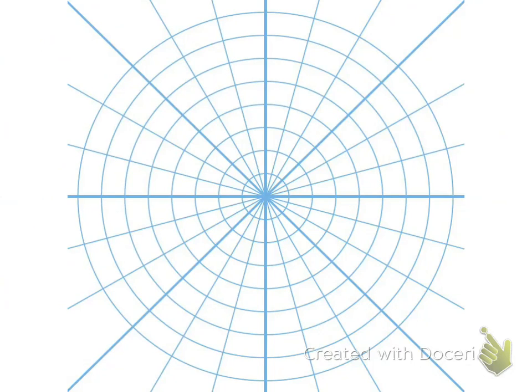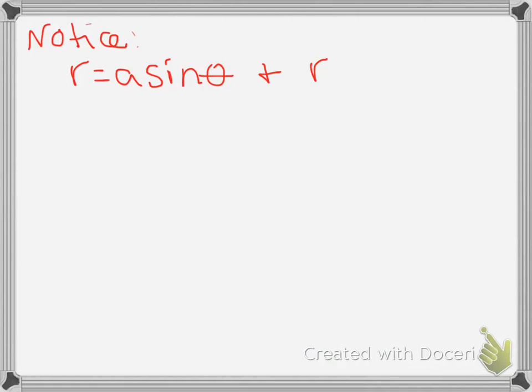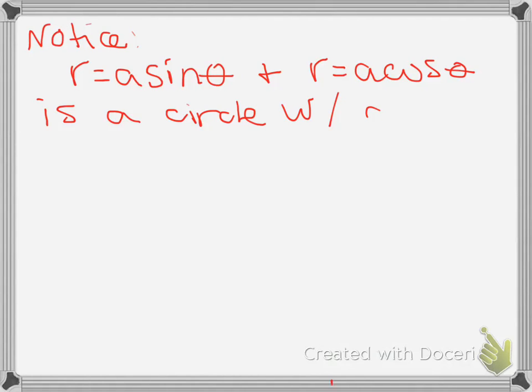And what you should be thinking, what made it different, let me take that graph paper away, is notice we have r equals a sine theta and r equals a cosine theta is a circle with diameter a.